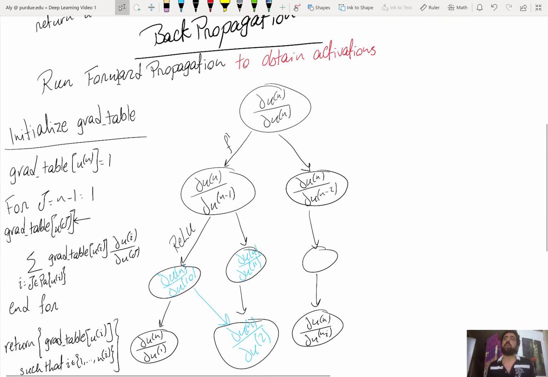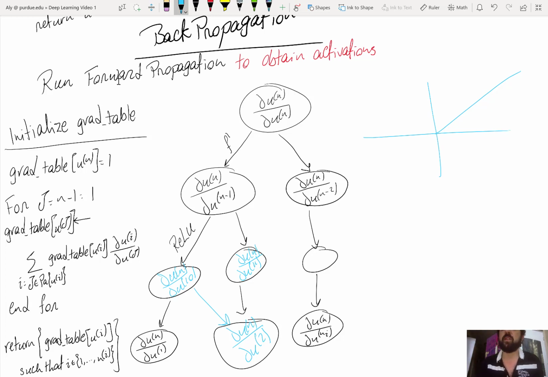First, we run forward propagation, right? Why are we doing this? To obtain the activations. Why are we running forward propagation to obtain activations? Because in backward propagation, we compute the derivatives or the gradients, and these gradients have different values depending on the region of the nonlinear activation function.